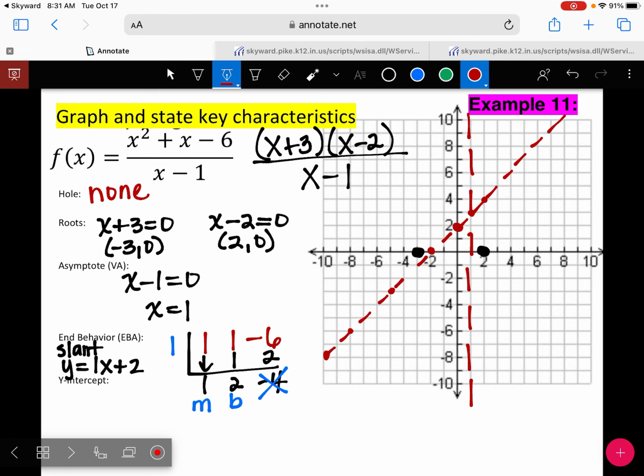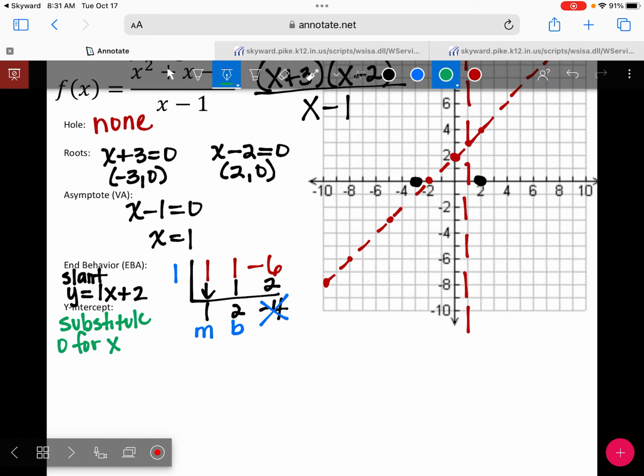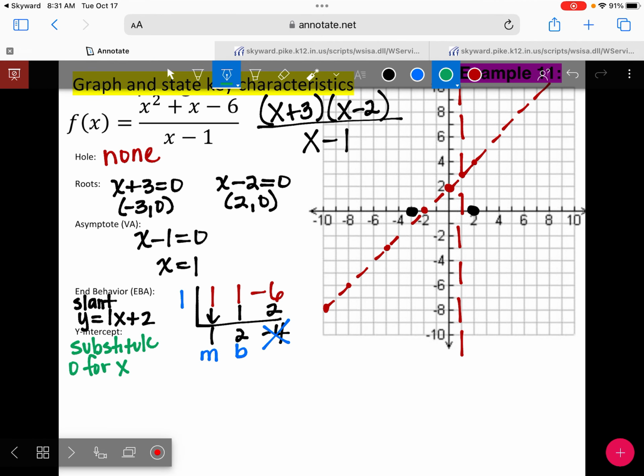All right, so now let's find our y-intercept. To find your y-intercept, you're going to substitute a 0 for x. It doesn't matter which format you use, but I think I'm going to use this format. So that would be y equals 0 squared plus 0 minus 6 over 0 minus 1.